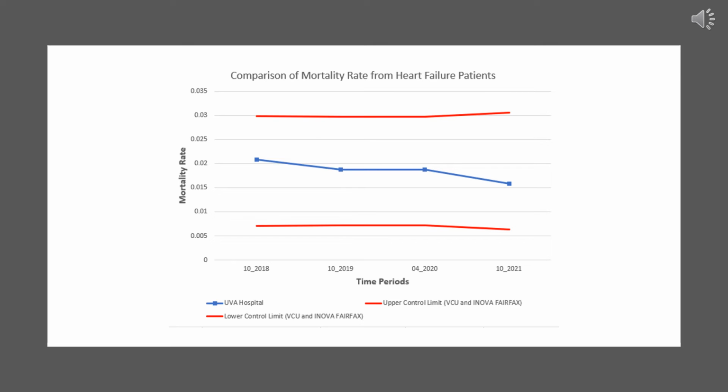This shows the UVA's mortality rates for patients with heart failure over time, which judging from the chart is not unusual because when compared to VCU and Inova Fairfax Hospital, UVA does not perform exceptionally better or worse than them. It falls in between the limits, so it is deemed as normal.